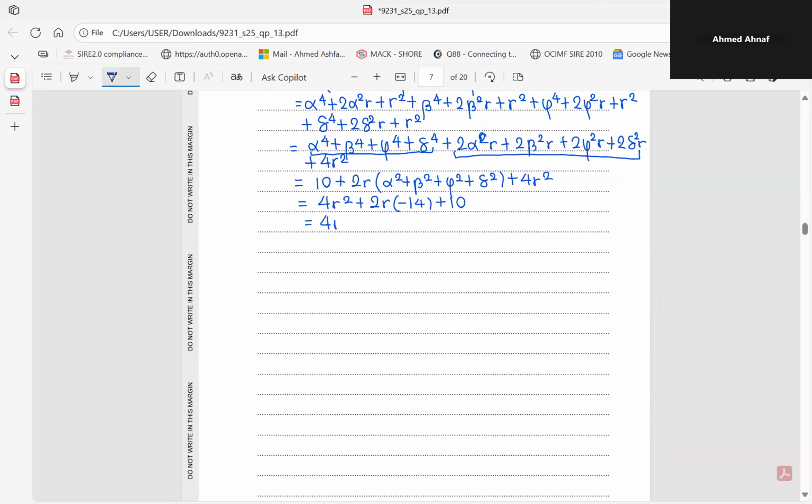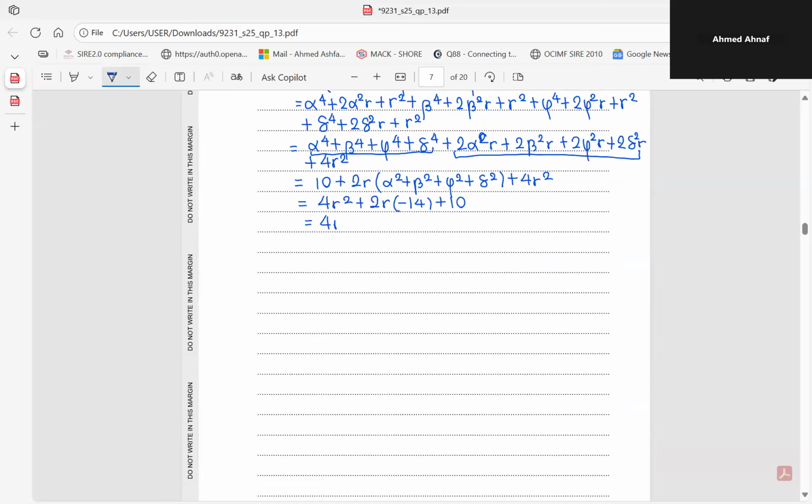For any constant terms, you're going to have to multiply this term by the upper limit of the summation. So 10 times 10, that's just 100. Okay, now we can use our formula to find this.